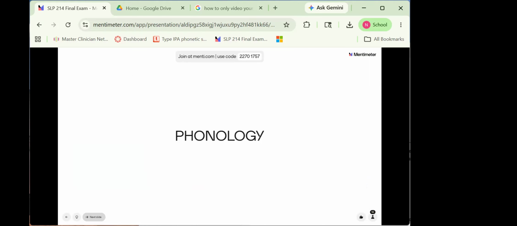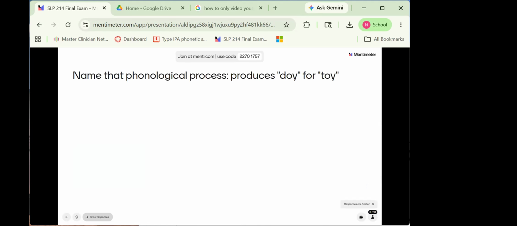Okay, now we're going to dive into phonology and questions that relate to phonology. Name that phonological process. So the child produces doi for toy. What is the phonological process?